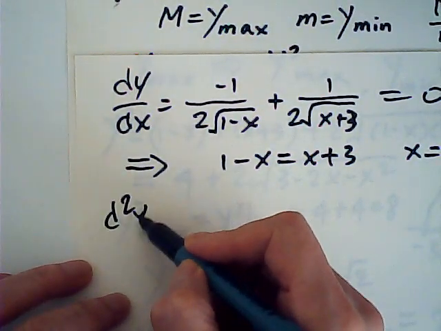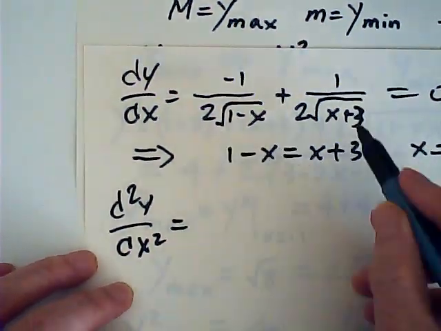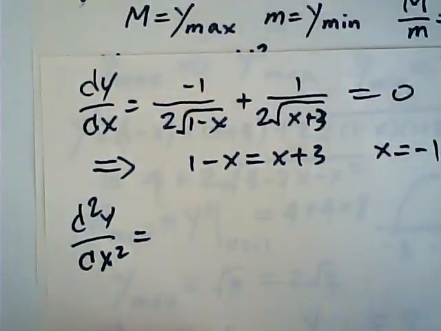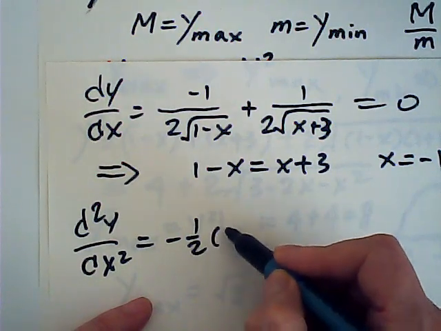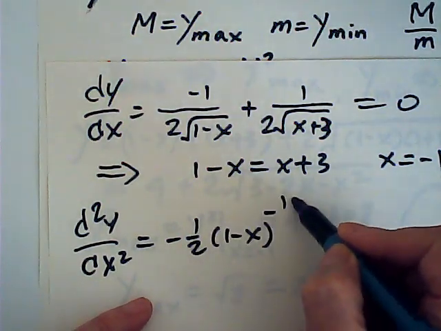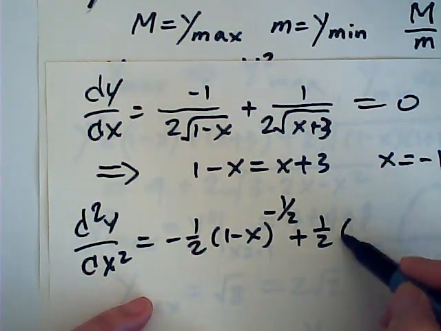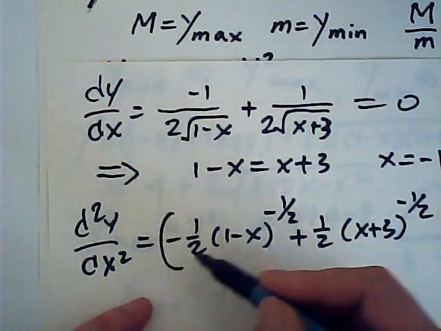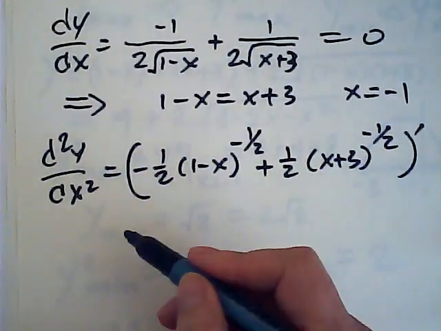The second derivative is the derivative of that, right? Is negative 1 minus x to the negative half plus half 1 plus x to the negative half. Okay, that derivative is the second derivative.